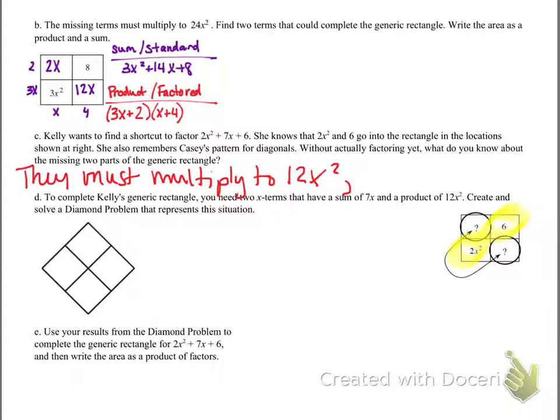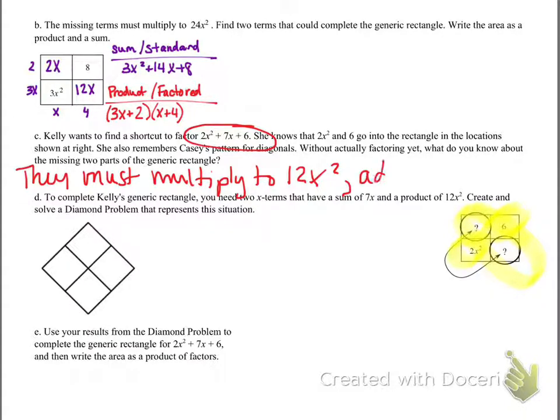But also, if we were to write that rectangle's area as a sum, we are going to end up with this 2x squared plus 7x plus 6. So I also know that those two missing circles down here have to add to 7x, that middle term, because these are going to be like terms that add to 7x.